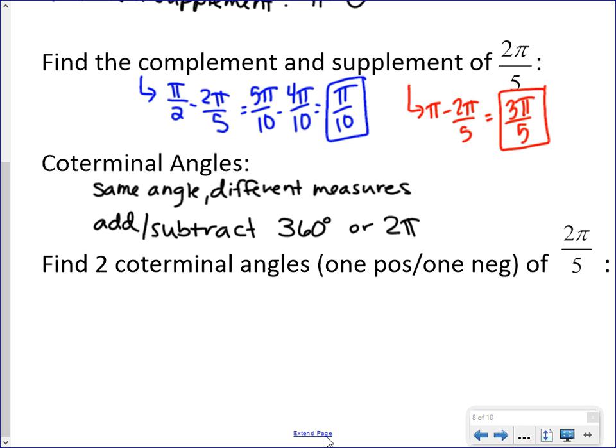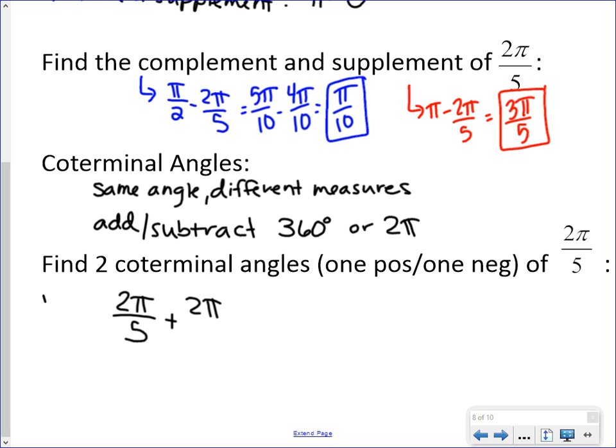So let's find coterminal angles for 2 pi over 5, one positive, one negative. Because it's in radians, I'm going to just add a full rotation in radians, get right back to where I was. So I'm going to add 2 pi.